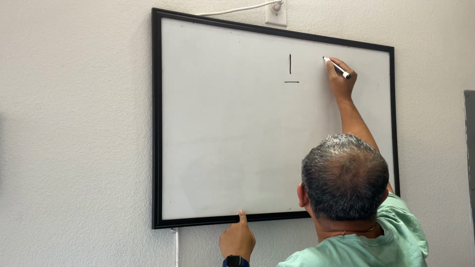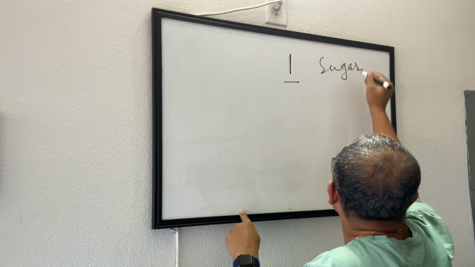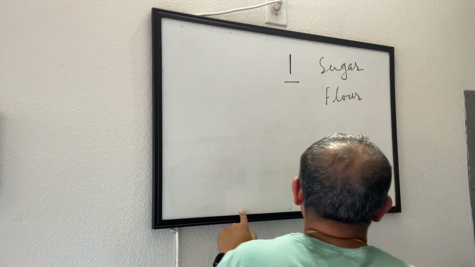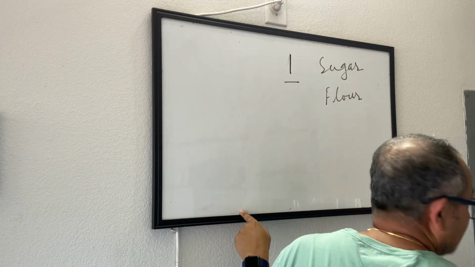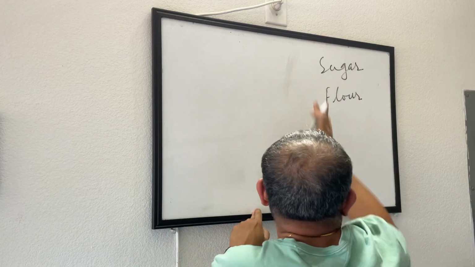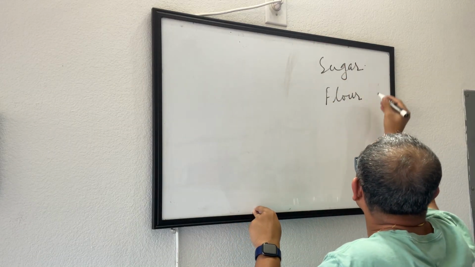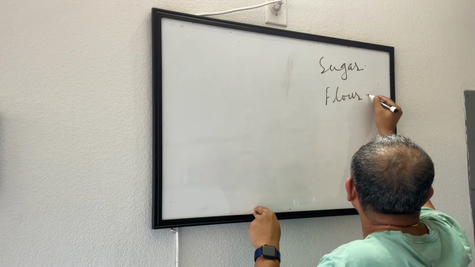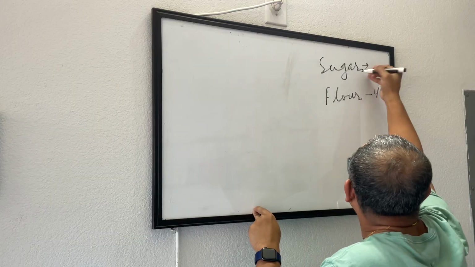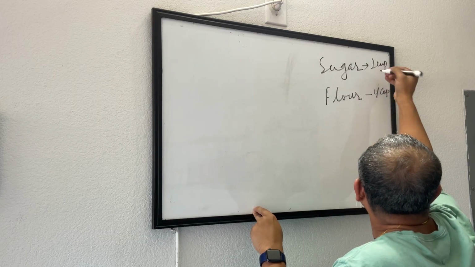So sugar is to flour. Did I spell it right? This is flour, right? Yeah. Okay. So let's say if you want to make a small cake, you need, let's say, 4 cups of flour and 1 cup of sugar.